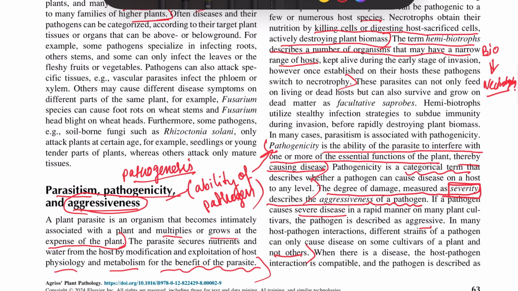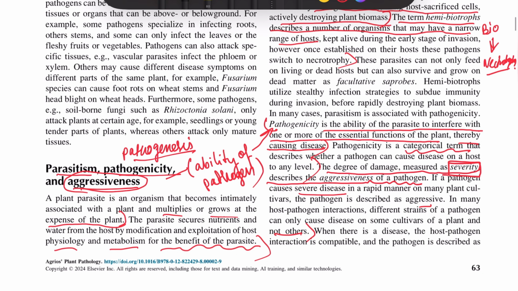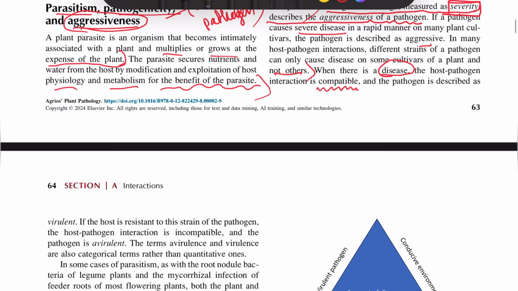Now, when there is a disease, the host-pathogen interaction is compatible and the pathogen is described as virulent. This term will come frequently.